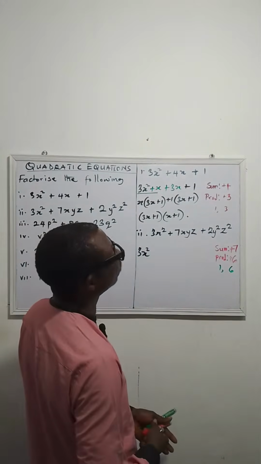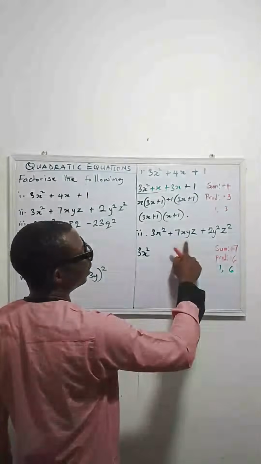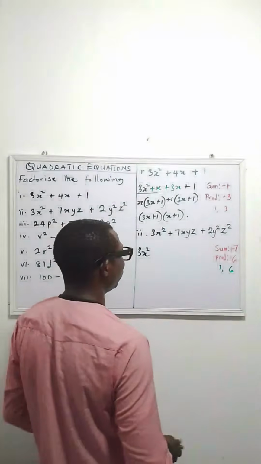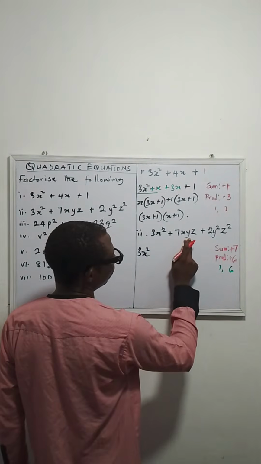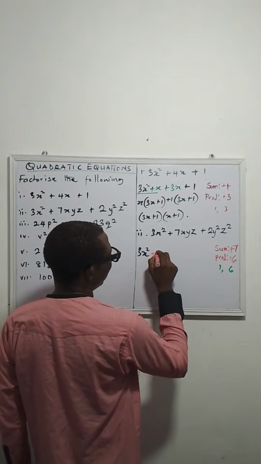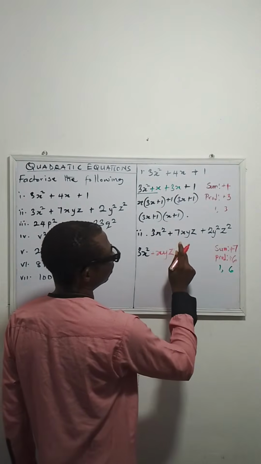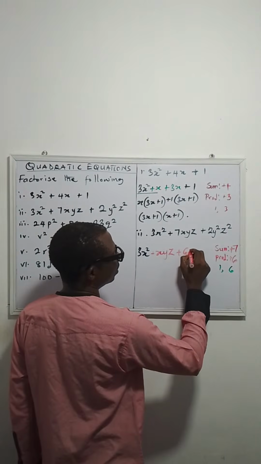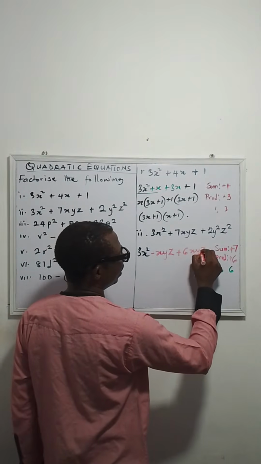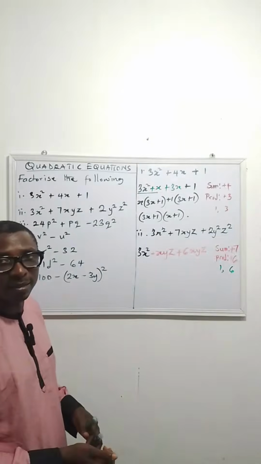Don't forget we are dividing 7 into 2 parts. That is 1xyz, so that is plus xyz plus 6xyz. I hope you understand that.